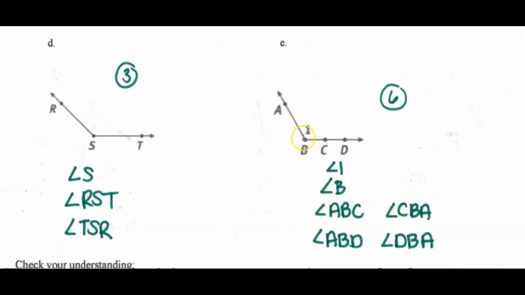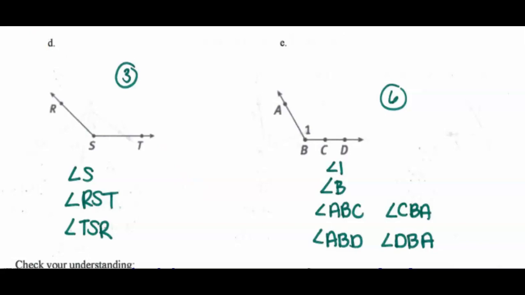So A, B, C, no D, right here, or A, B, D. And then reverse will be C, B, A, or D, B, A. So notice that B is in the middle. So your vertex B must be in the middle. Okay? Same thing with S. S is in the middle. Okay?